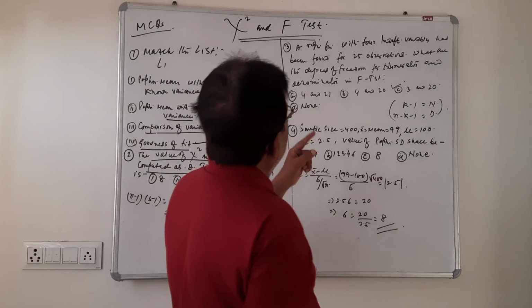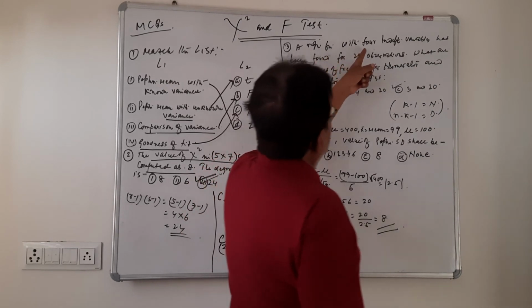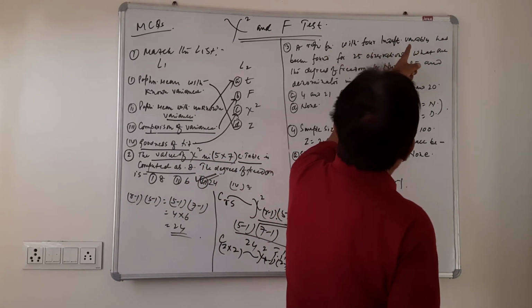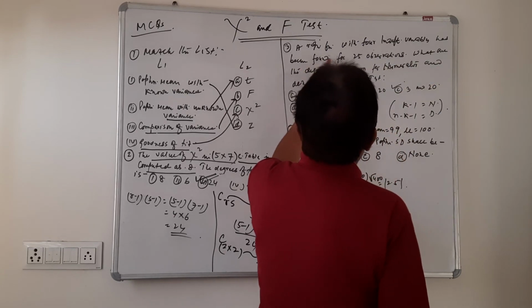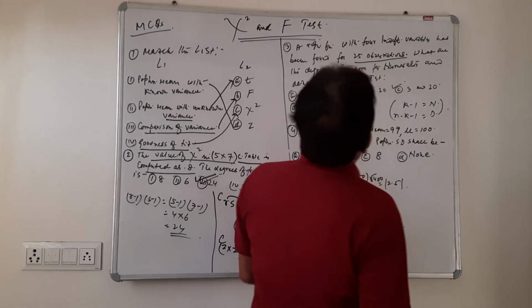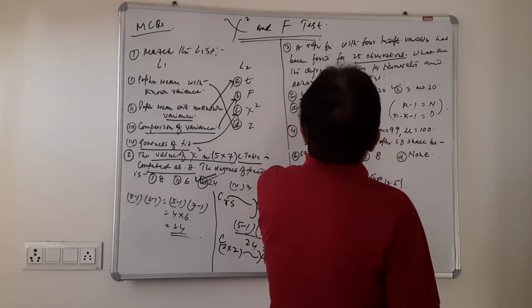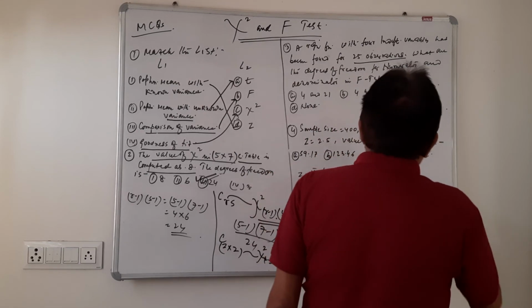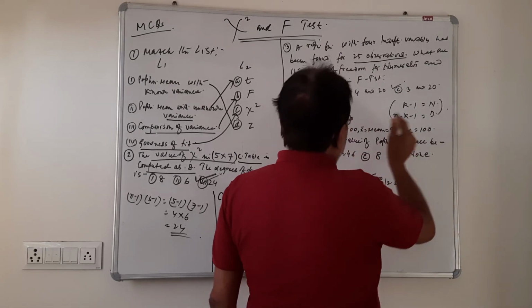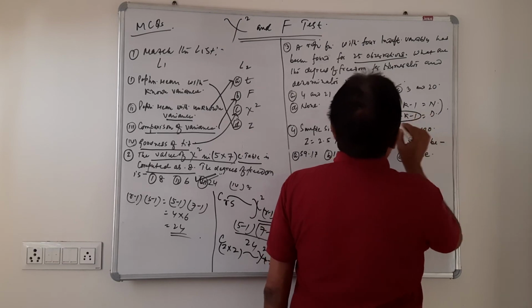Number 3, a regression function with 4 independent variables has been found for 25 observations. What are the degrees of freedom for numerator and denominator in F test? In the denominator, the degrees of freedom is n minus k minus 1.